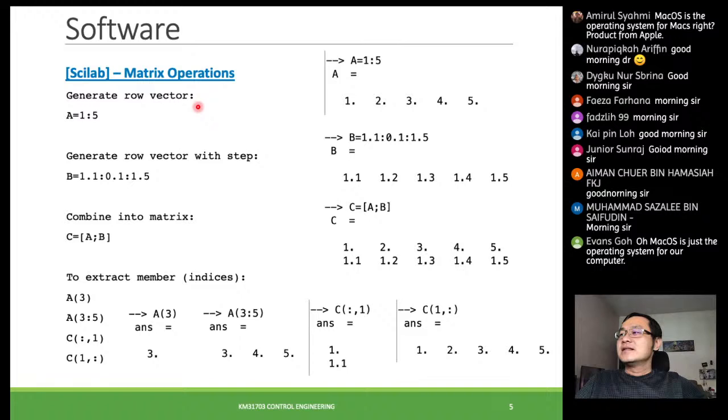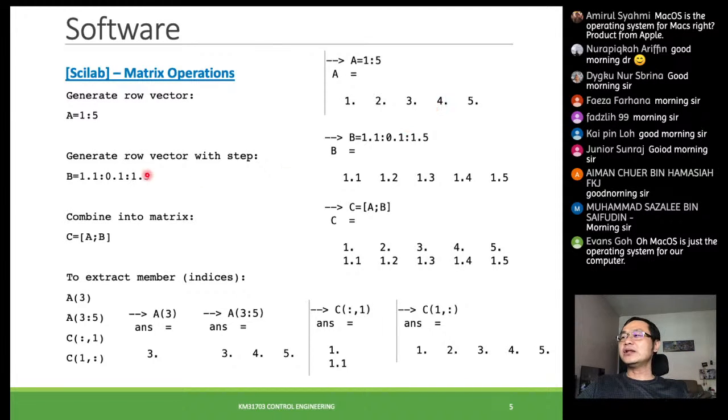Let's now talk about how to generate a matrix. You can generate a row vector or matrix by just typing A equals 1..5. It will generate 1 2 3 4 5, from 1 to 5. You just put a semicolon there.